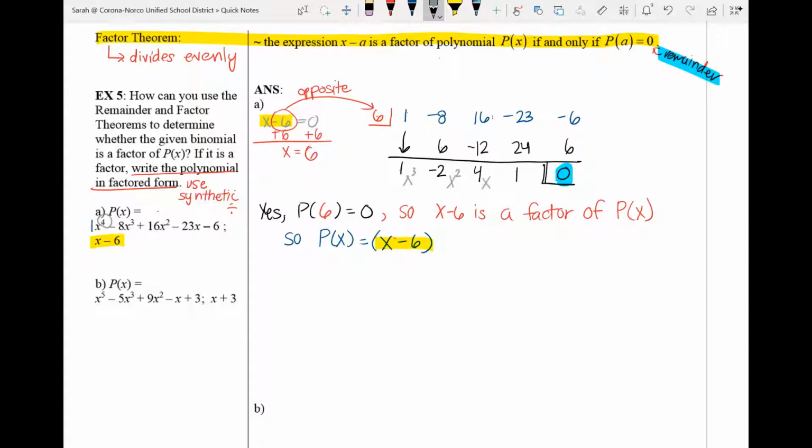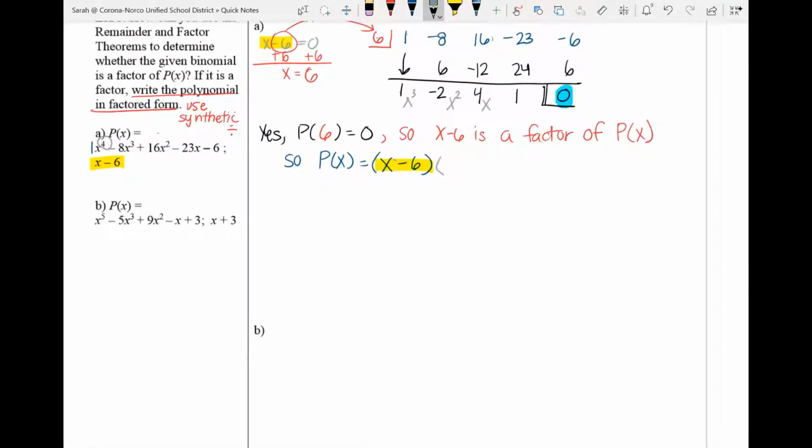So that means that P of x is equal to x minus 6 times 1x cubed minus 2x squared plus 4x plus 1. So what would have happened if we would have just used evaluation and evaluated P of 6?